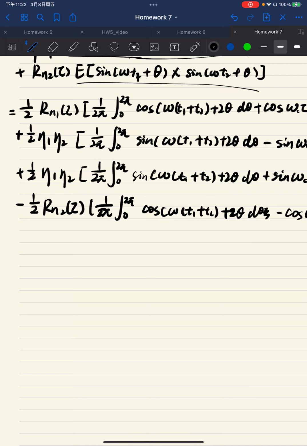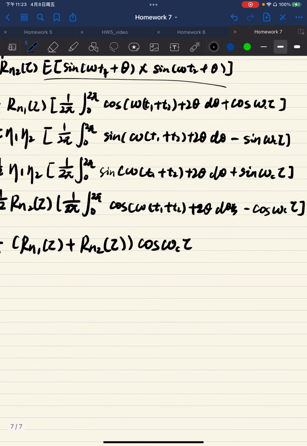To simplify all of this, it will become one half times R N1 of tau plus R N2 of tau, times cosine of omega c times tau.